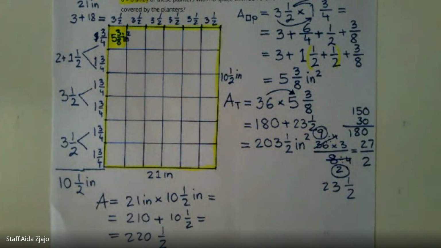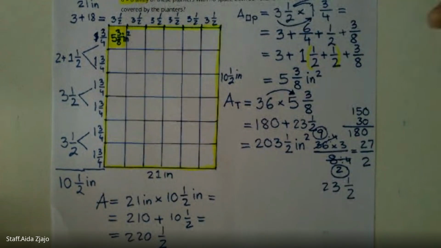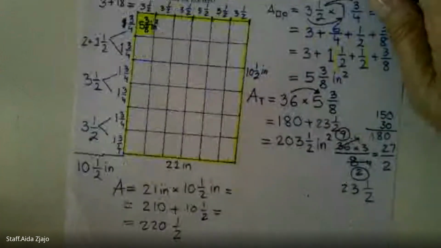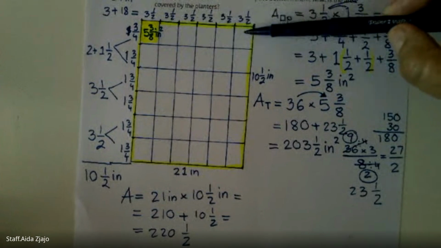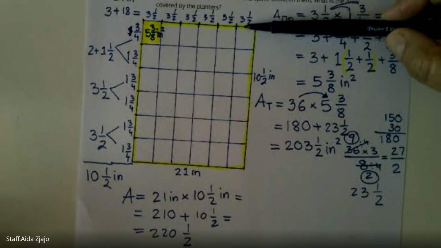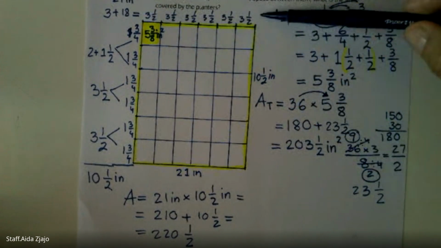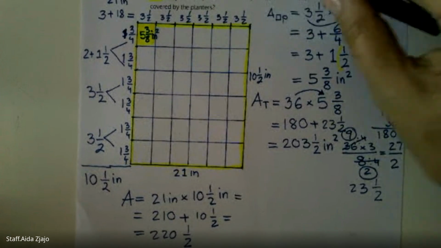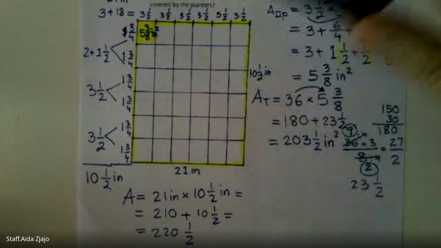So somehow I made a mistake. Let me see where I made the mistake. Hold on. So 1, 2, 3, 4, 5, 6. 6 times 3 is 18, and 6/2, that's 3. So that is 21. Okay.